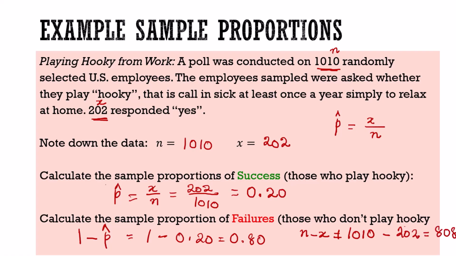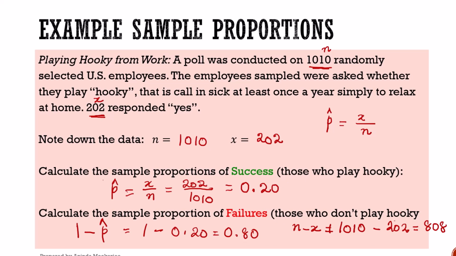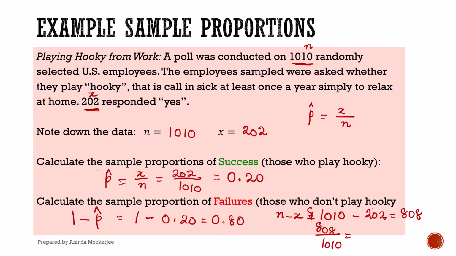And that would be the number of members that responded with no, they do not play hooky. And then to calculate the failure proportion, you would just have to go 808 divided by 1010, which would give us the same proportion of 0.8. Of course, it's easier to just find p hat first, the success proportion, and then subtract it from 1 to get the proportion of failures. All right?